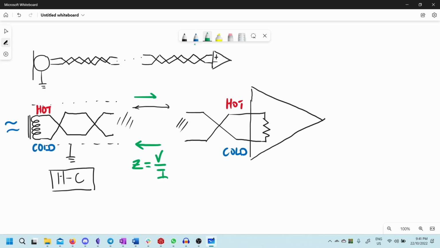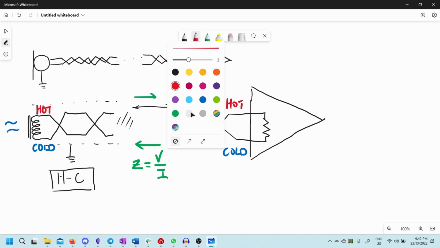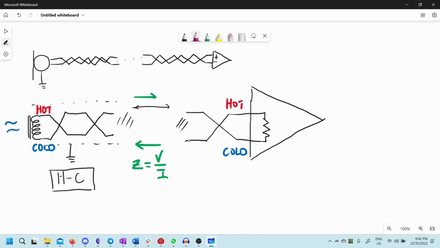So differential mode impedance refers to dividing the quantity V hot minus V cold over, let's just call this ID. This is going to be your differential mode impedance. That's DM.